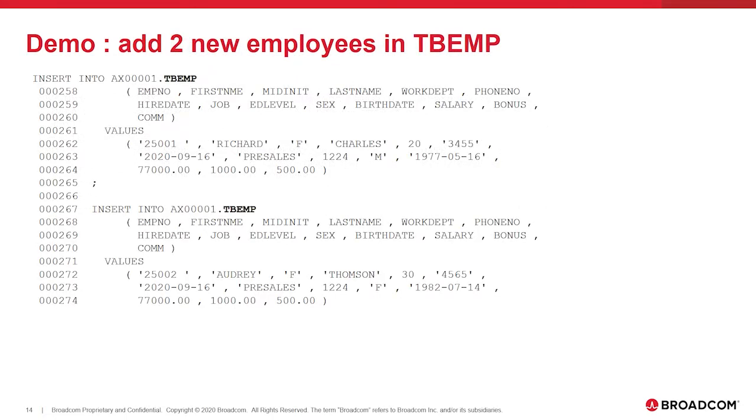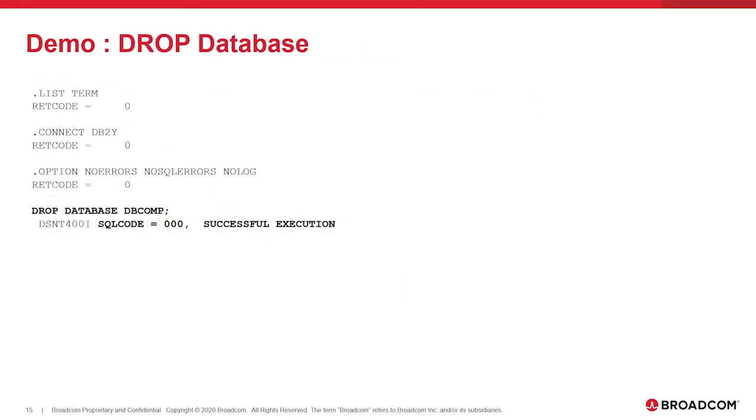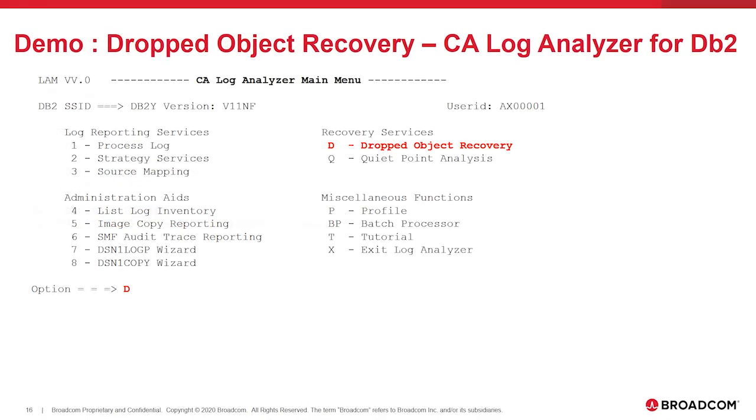After the image copy, I inserted 2 rows in TBHUMP. Now, we drop the database DBCOMP. What to do now to recover the dropped object?